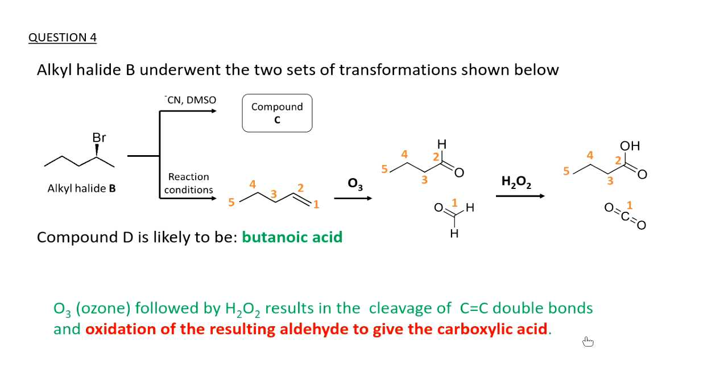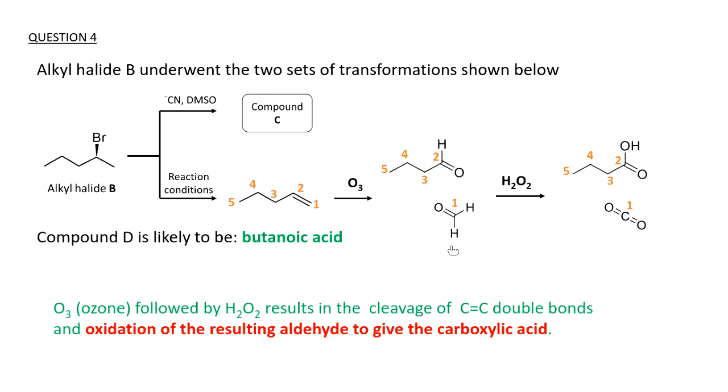So already we know that when we perform ozonolysis, we are going to cleave the bond, and so we have oxygen being inserted, and so we end up with an aldehyde, and we have methanol. However, under peroxide conditions, the aldehyde will be further oxidized. So when we have an aldehyde, it is further oxidized to the carboxylic acid.